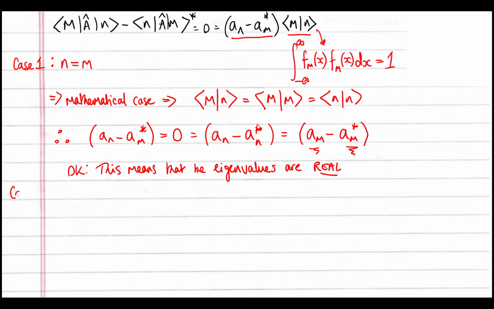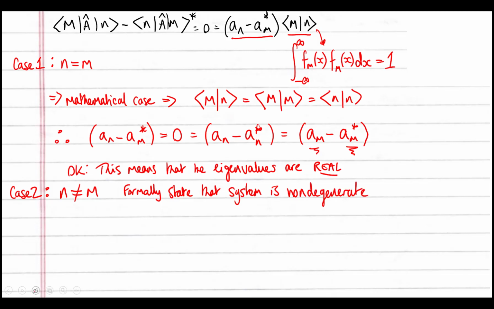Let's talk about case 2. In case 2, n is not equal to m, and we're going to work from a general situation that the system is non-degenerate. There's no expectation that the system should be degenerate, so let's formally state that the system is non-degenerate. What does this mean?